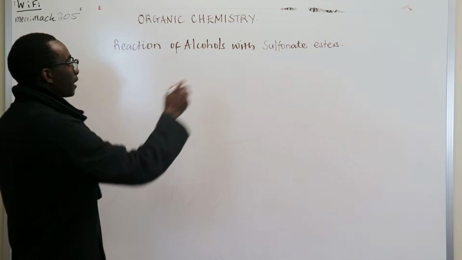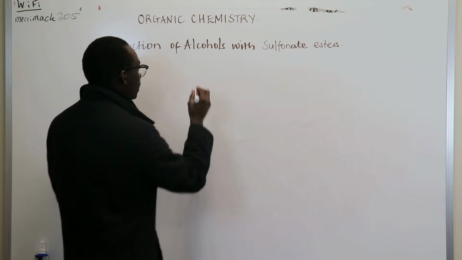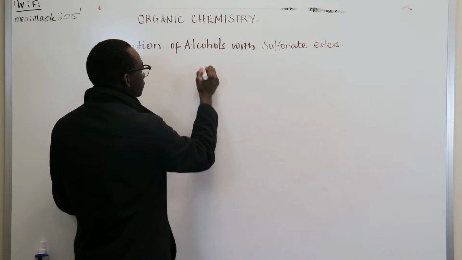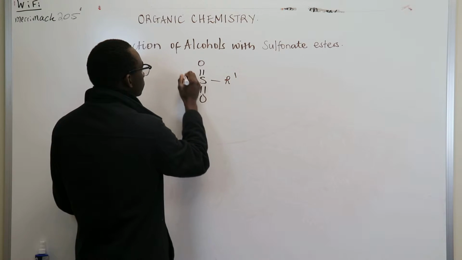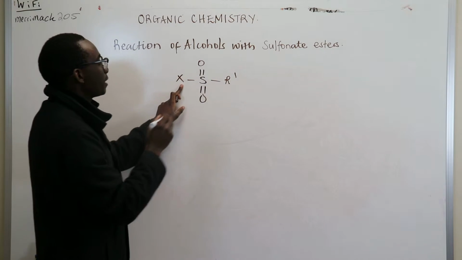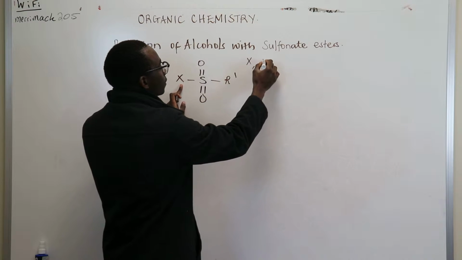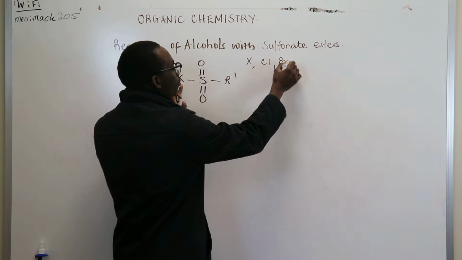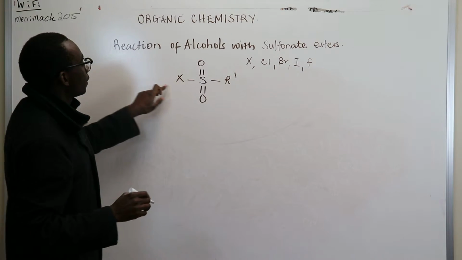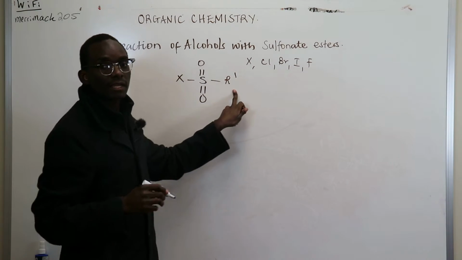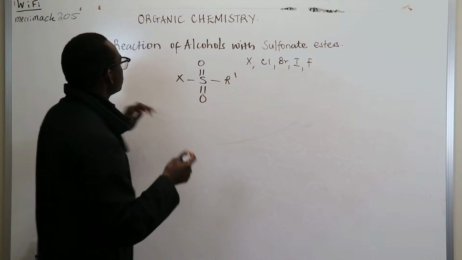So now a sulfonyl ester has a structure similar to this, whereby X can be a halogen: chlorine, bromine, iodine, or fluorine, right? Then R prime can be any alkyl group.